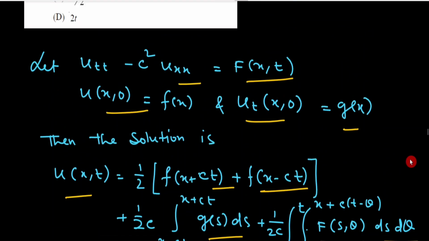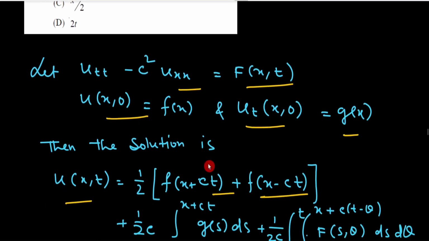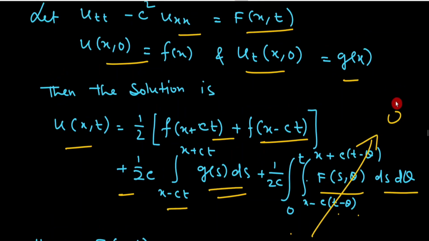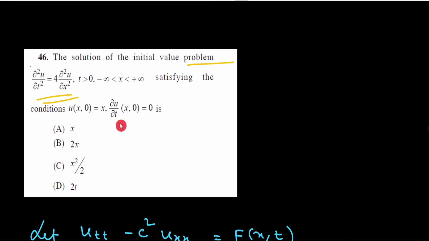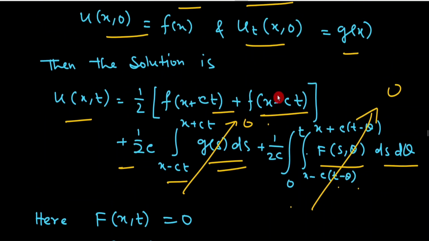Now here it is a homogeneous equation, therefore these terms will not be valid. This tends to 0, and also it is given that u_t(x,0) equals 0, therefore these terms also go to 0. The only term we need to solve this problem is the first term, this half into this.